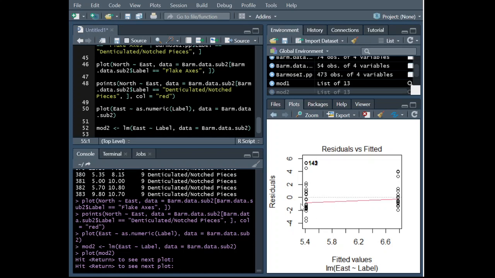It moves upwards a little bit, but not terribly, and the residuals are still pretty spread out around values of 0. They're a little bit more negative in the first case. That's why that red line is a little bit lower down there. But this isn't egregious. We could still get by with saying that our residuals look like they're more or less conforming to the assumptions of a linear model.